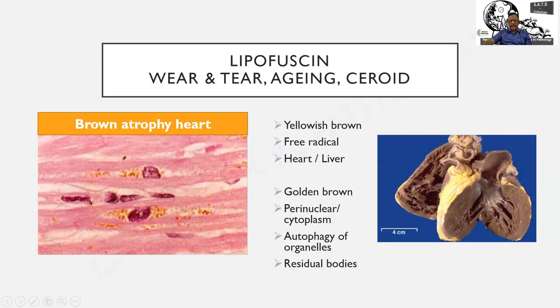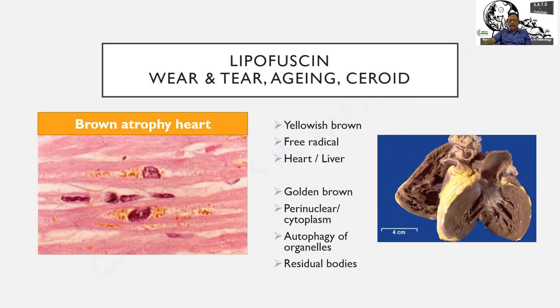Look at this particular cell. It is a heart in which I am able to see the nucleus and the struts of cardiac myocytes. But around the nucleus, I am finding this golden brown pigment, which is the lipofuscin. Because this is the area where there will be the mitochondria and the Golgi apparatus. That is why I find it around the nucleus, perinuclear in location. It is also called a ceroid pigment because it has got an orangish tinge.